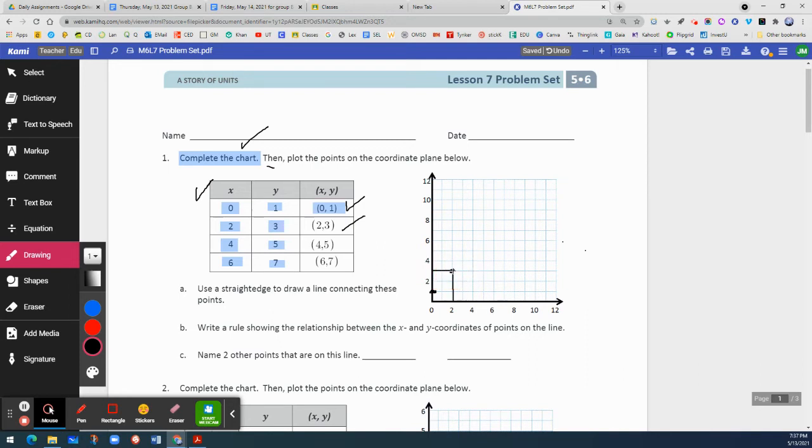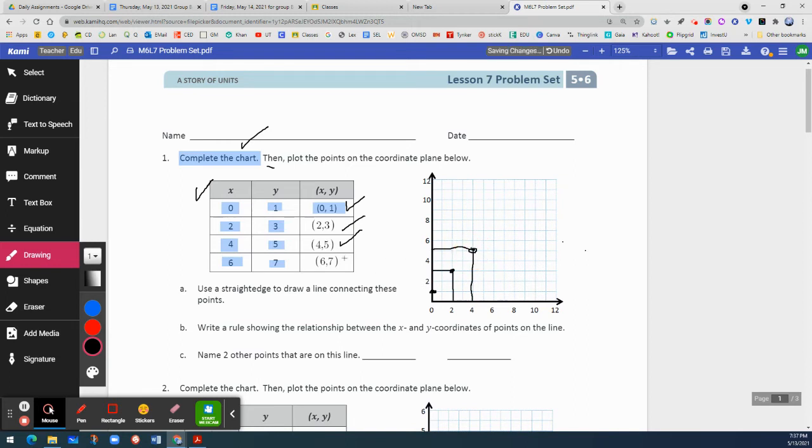That will be 2 as x and 3 as y. Now, our next one would be x is 4, so I'm going to go to 4, and y is 5. So 4 is here, and y should be on the top, and there is 5. The 5 is between the 2 and the 6. You can use the line instead of using the pencil. I'm using the pencil. I don't know why.